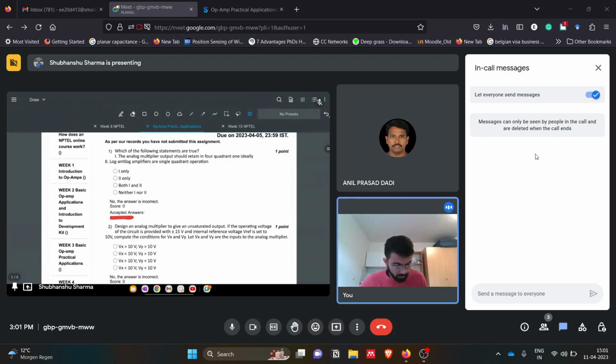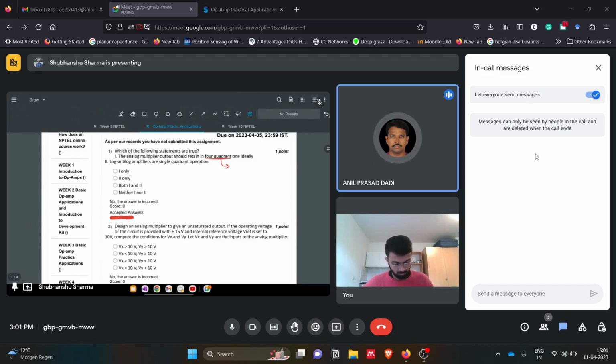Oh, no, it is saying that it is four quadrant. That means it can work in any, it is not single or dual, it's four quadrant. Sir, ideally, why does it have to be four quadrant? It can be in any quadrant, no, sir?